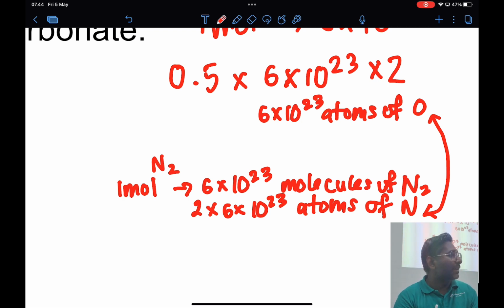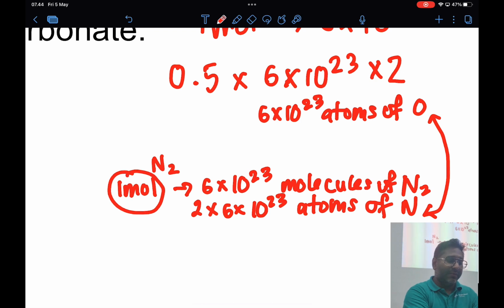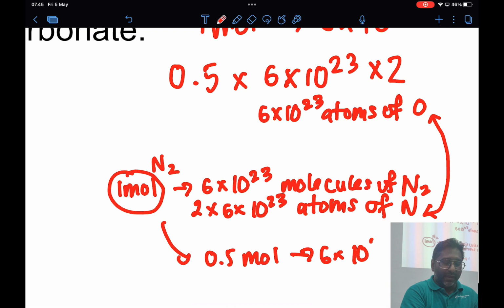We divide by 2 by changing this 1 mole to become half a mole, 0.5 mole, because 1 mole is this much and 0.5 mole is half of it. So you divide this by 2, and that gives us 6 times 10 to the power 23 atoms of nitrogen. Anyone don't understand this?